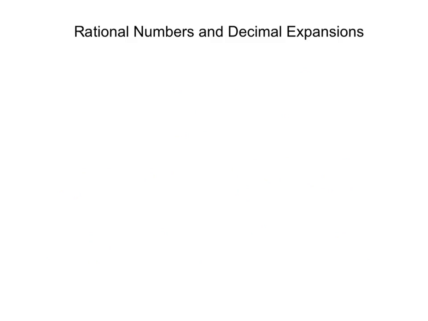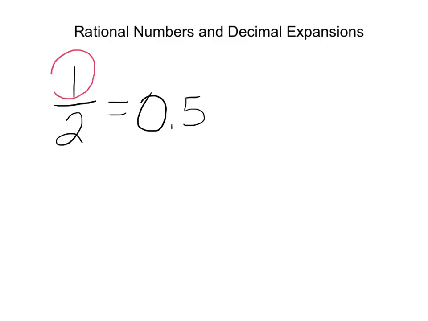Rational numbers in their fraction form can be written as decimals. For instance, 1/2 can be written as 0.5. Well, the way we get that is you take the numerator and it goes inside.